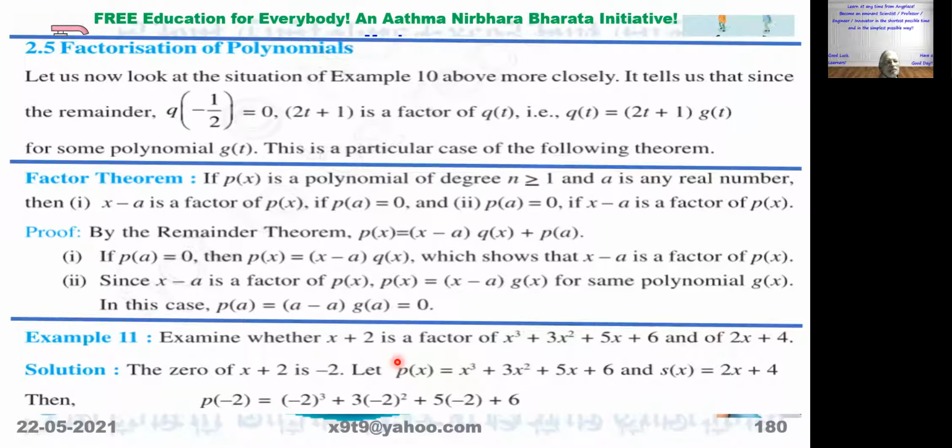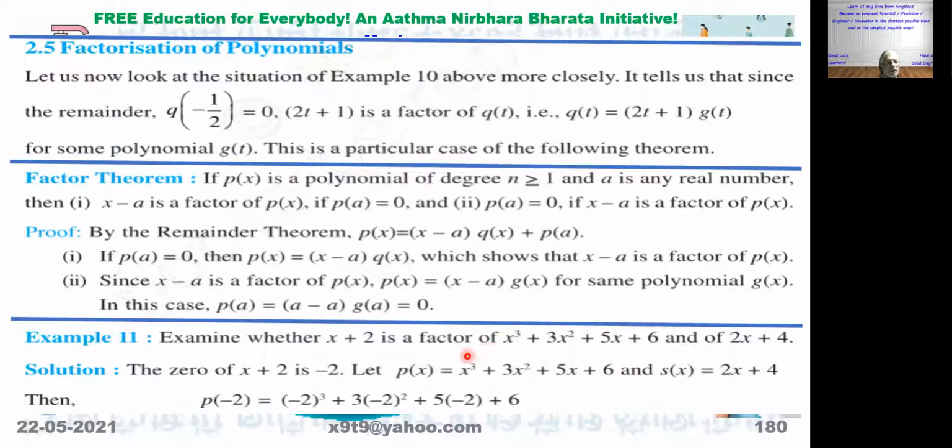So, let P(x) be equal to x cube plus 3x square plus 5x plus 6. Now, replace every x here by minus 2 and simplify. Minus 2 cube will be minus 8, minus 2 square will give 4, 4 into 3 will be 12, and minus 2 into 5 will be minus 10, and this is 6.